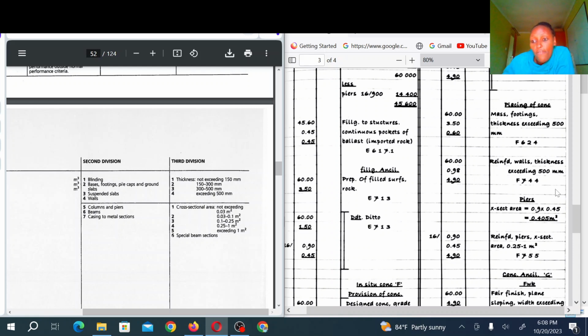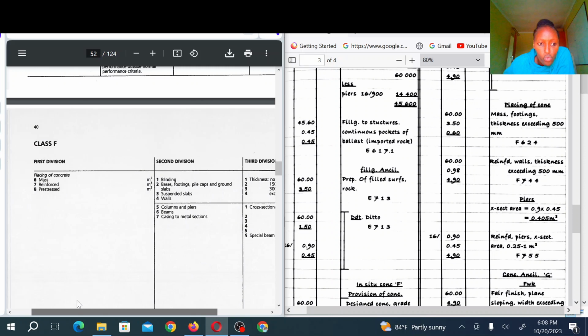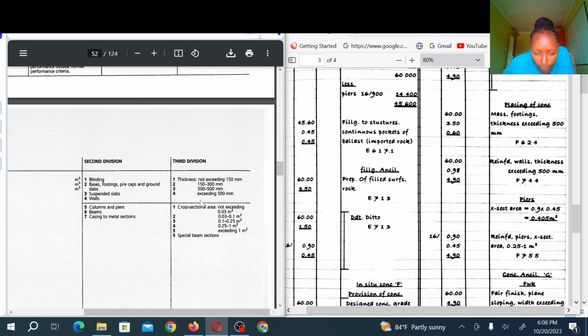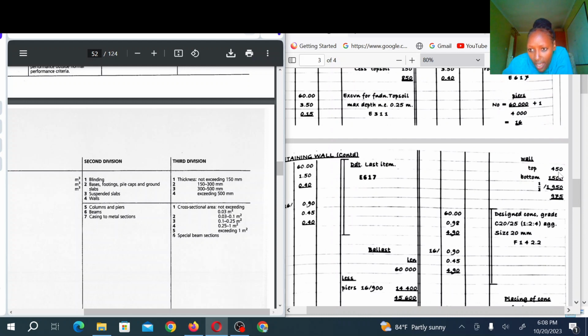Then now we go to the volume of concrete in the walls, and the walls shall be reinforced. So we shall go to reinforced. That is item number 7 in the first division. Then walls, item number 4 in the second division. Then for the walls, you see the average thickness of the wall, we had already calculated it here. 450 plus 1500, we got 975.